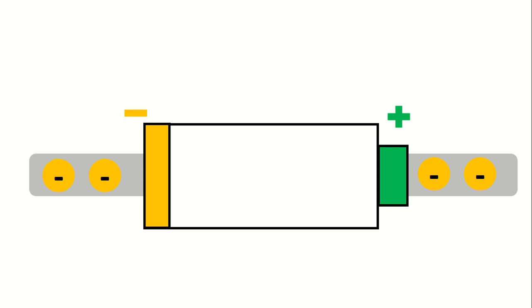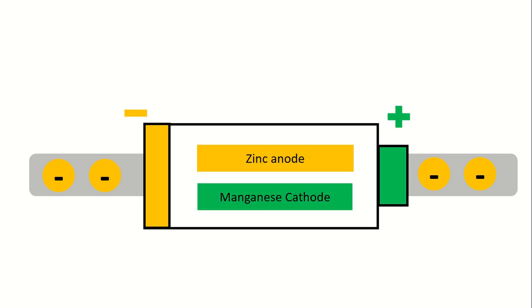To do this, chemical reactions happen inside the battery. Two electrodes, a zinc anode and a manganese cathode, perform an oxidation-reduction process. To keep it simple, the zinc anode oxidizes and produces negative electrons, which keep the negative terminal negatively charged. Meanwhile, the manganese cathode consumes electrons from the positive terminal during the reduction process, keeping the terminal positive.